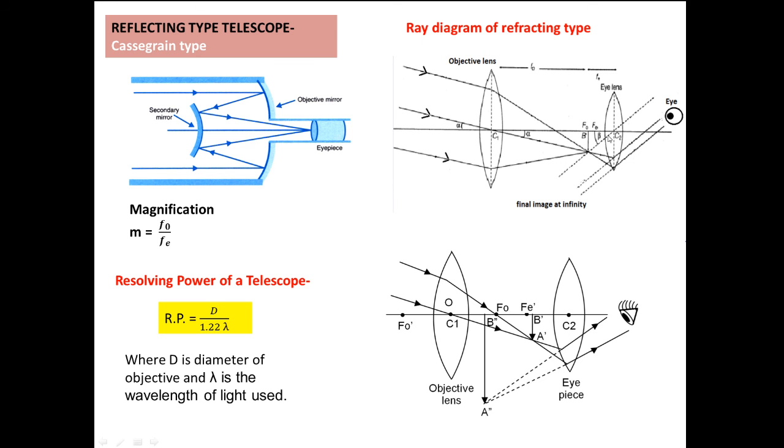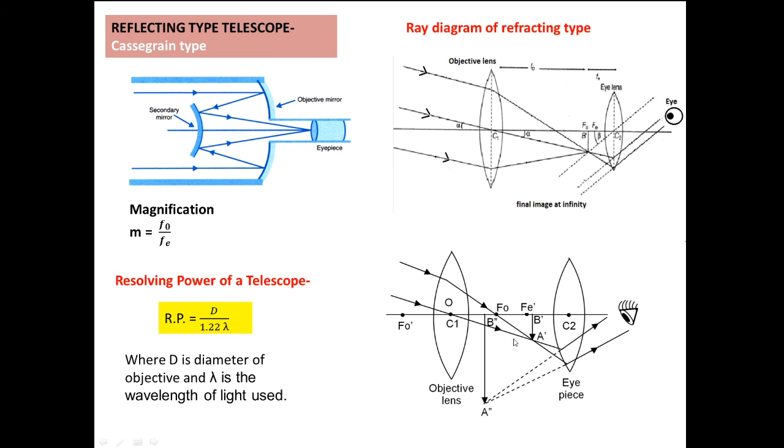If the eyepiece lens is adjusted in such a way that the image falls at its focal length, then, as we have studied in class 10 in image formation, when the object is placed at focus, the final image is at infinity, and this is called the normal adjustment.